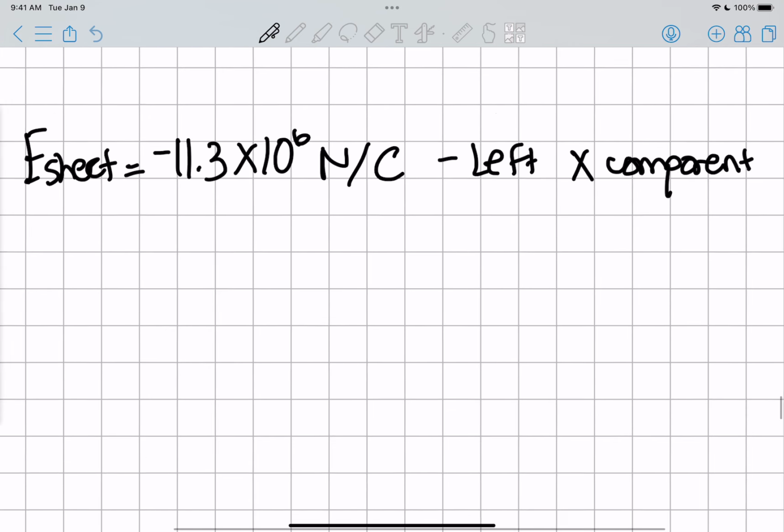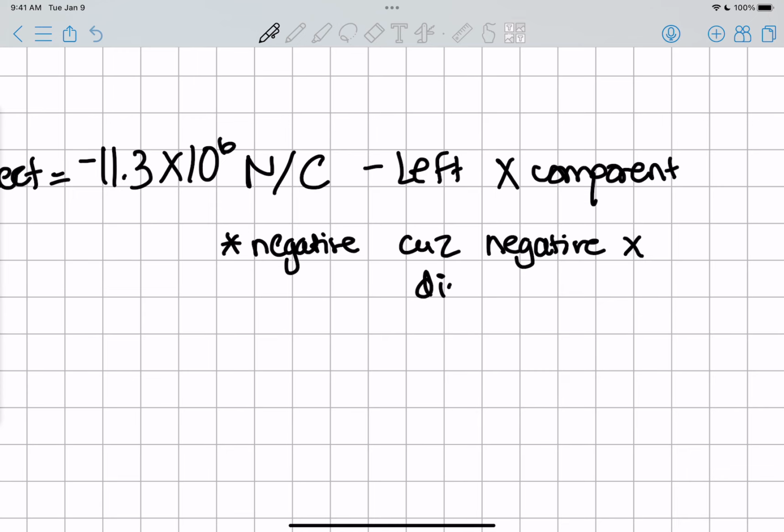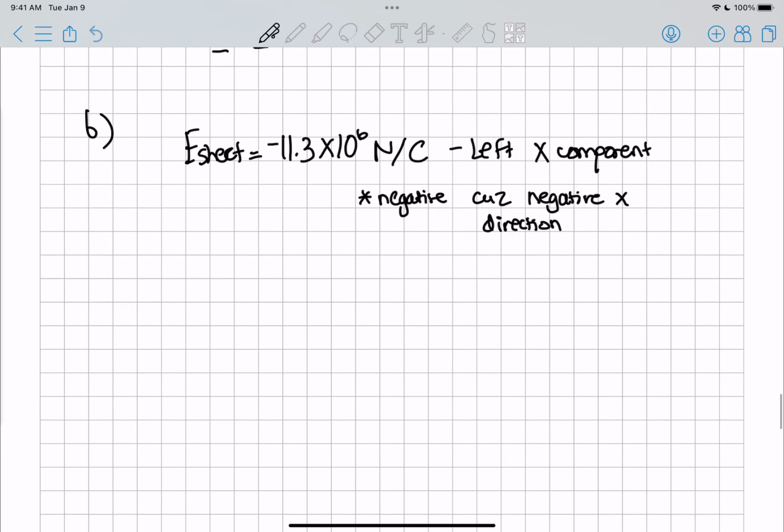Let me just write this down, negative, because negative X direction. Now, EQ would essentially be our Y component, EY, basically. This is our EX, and this is our EY.